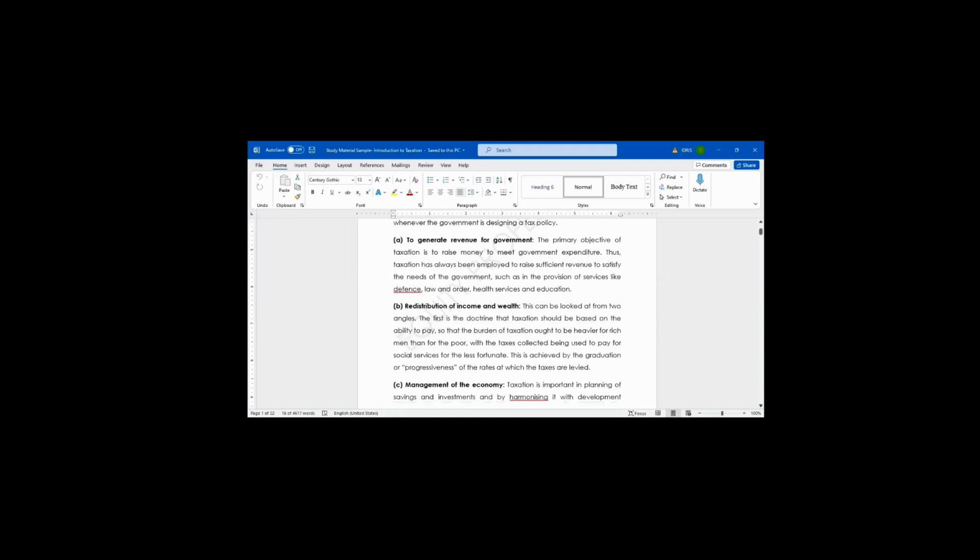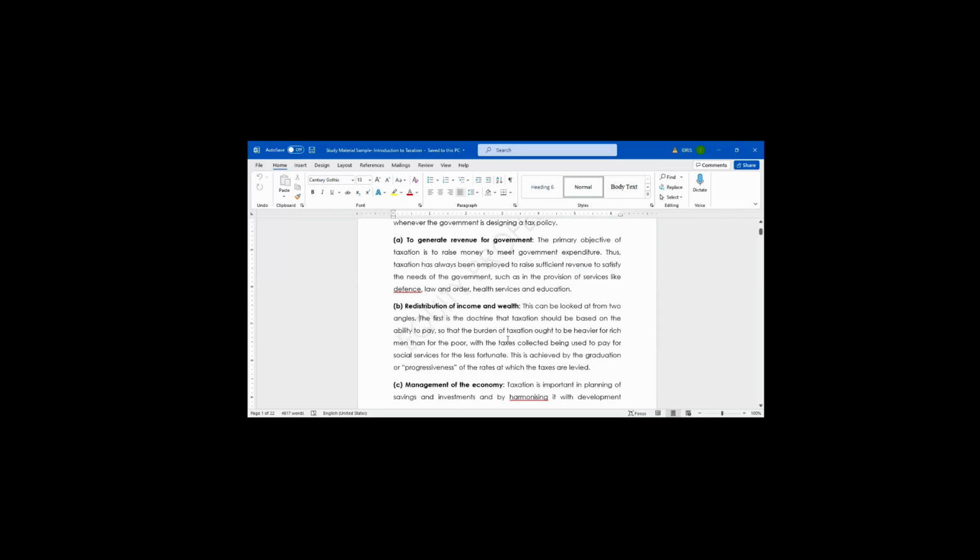Another objective of taxation is redistribution of income and wealth. This simply means government wants to use tax to bridge the gap between the high income earner and the low income earner.